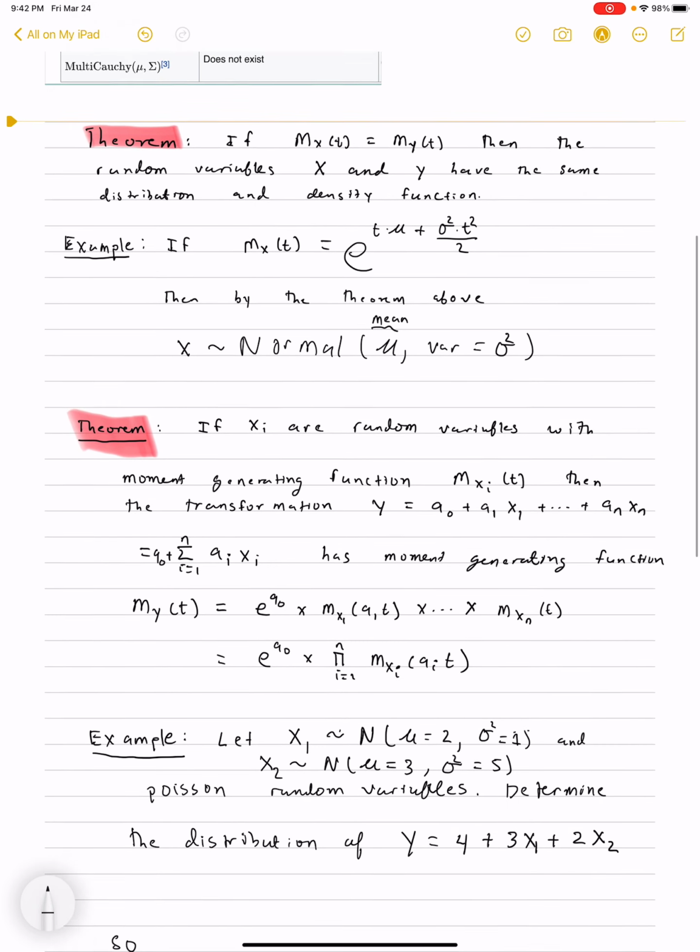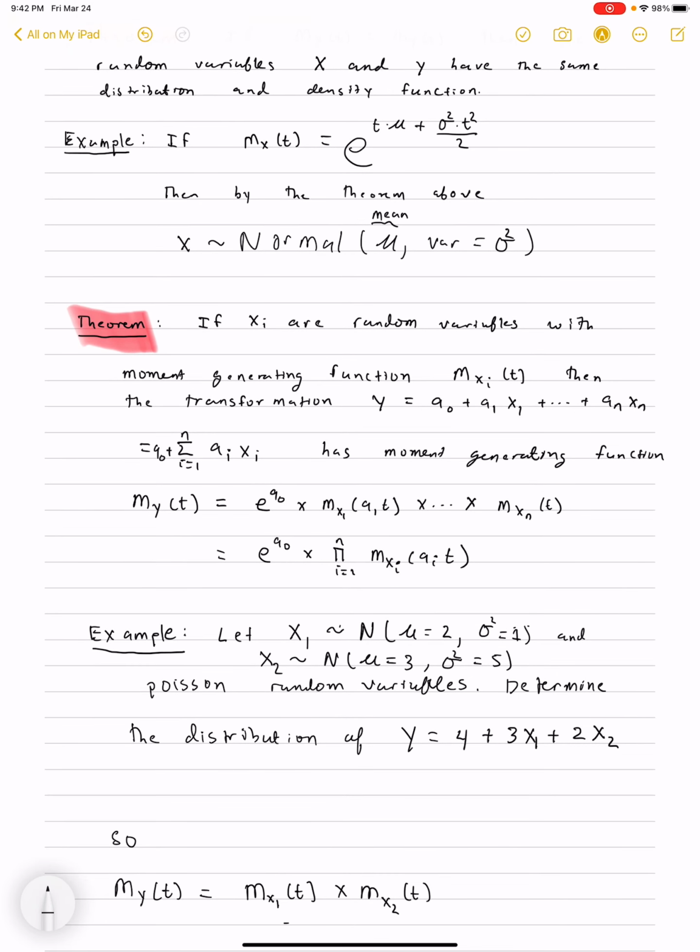The second example here is concerning transformations. Okay, so here we have x1 is normal with mean 2, variance 1, and x2 is independent of x1. It has mean 3 and variance 5.